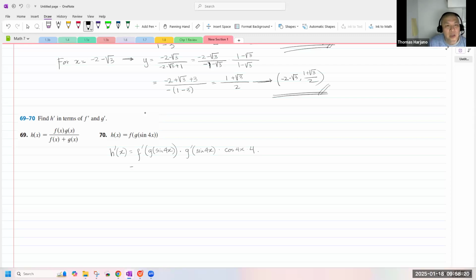Okay, so h prime x will be 4 cosine 4x times f prime of g of sine 4x times g prime of sine 4x.